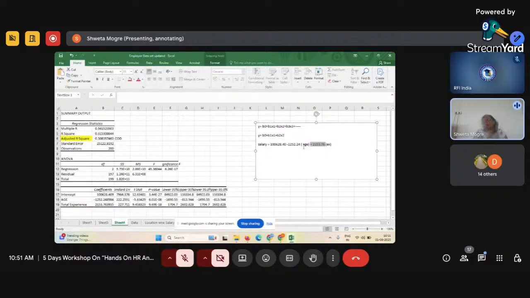So their experience may be less, but age is higher. That's why we get a negative for age and a positive impact for experience. Is it clear? Yes, ma'am.